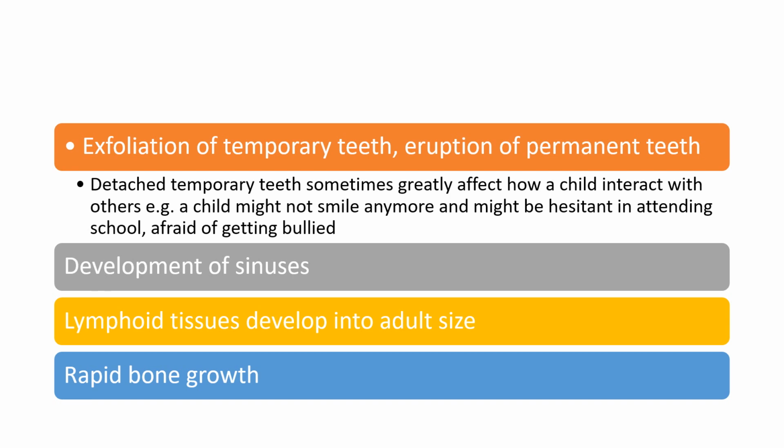Their bones actually develop, and some children are fortunate enough to have a fairly good height at a young age, but others don't. Typically, this is the rapid bone growth. This is the time where bones are now being developed.